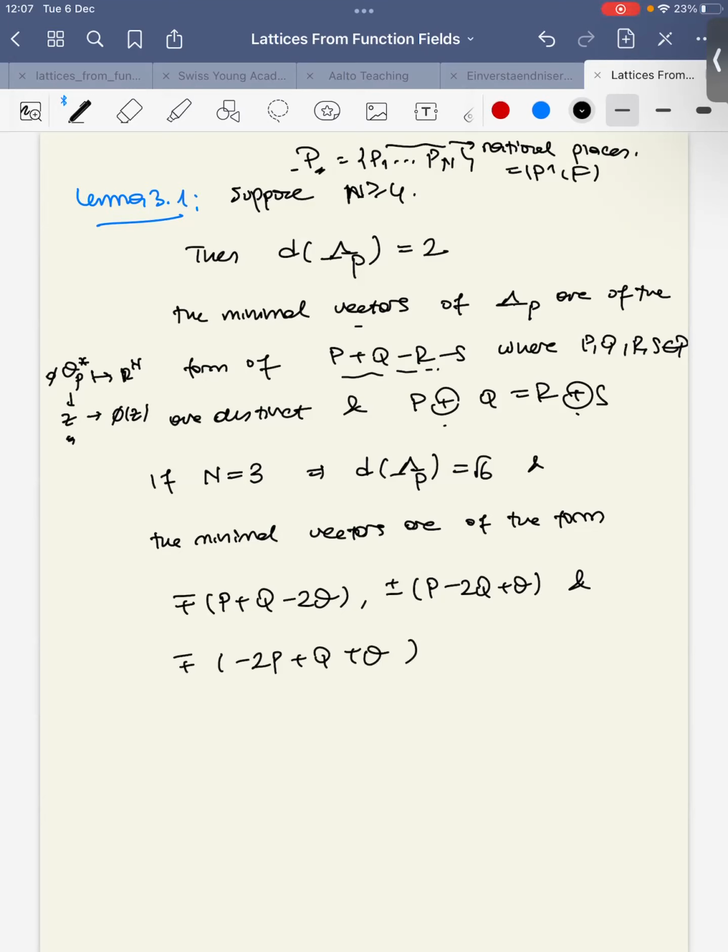So in this case, what we mean, P only contains p, q, and o. So we have a triple here.